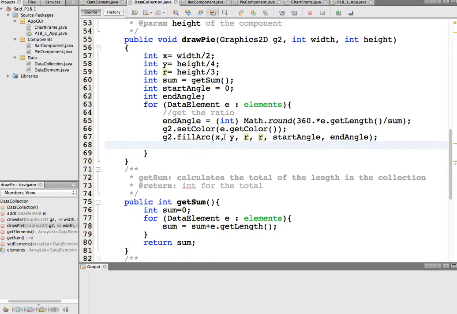After you draw the arc, the first arc, we need to assign the end angle to the start angle of the next one, because the loop is going to go back and go to the second element. So in the second element we start from, so we say start angle equal, it's actually the start angle plus the end angle.